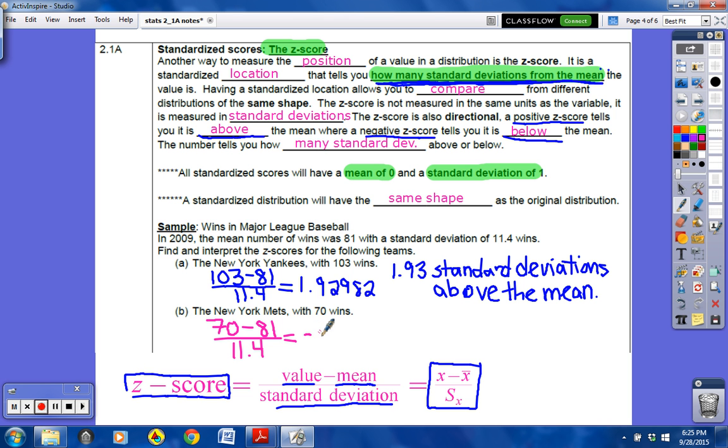So it's negative 0.96, and so we are 0.96 standard deviations below, because it was negative, we're below the mean.